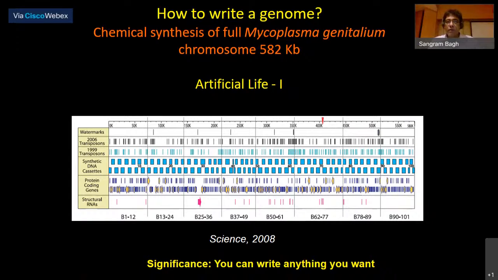So that's a very important technology. You can write the whole genome sequence by chemically synthesizing it. So that is probably the second part of this technology we have achieved by now.